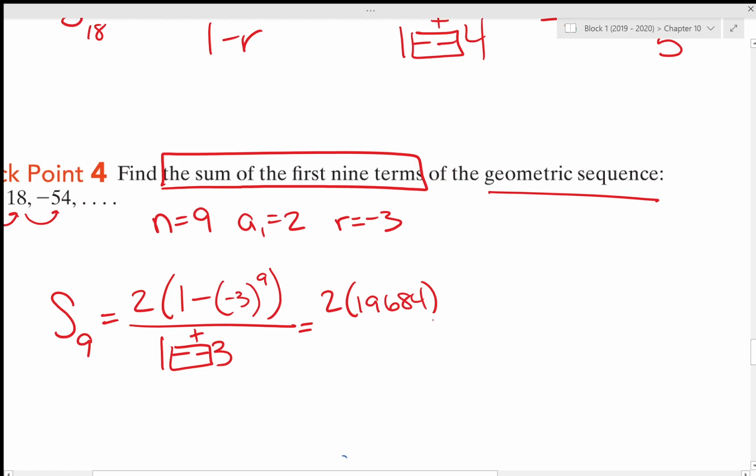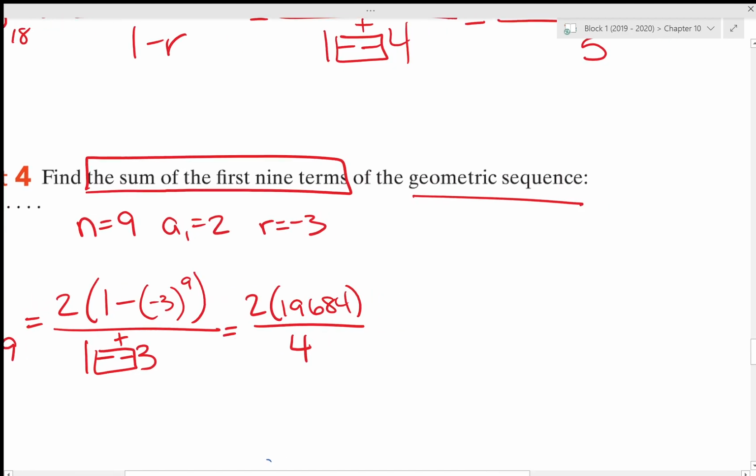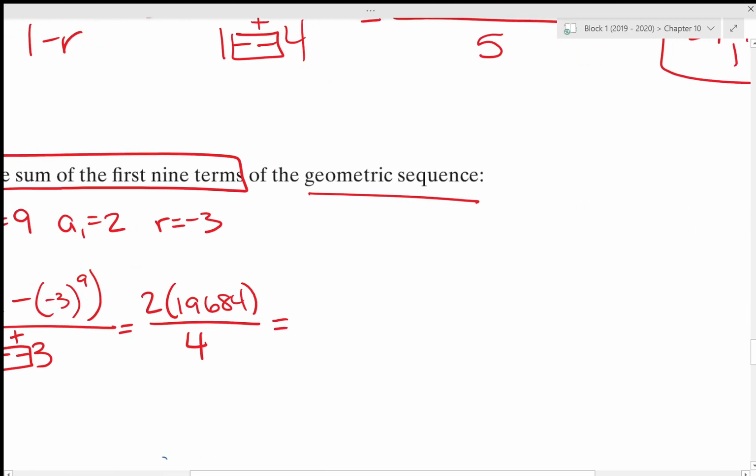You're going to times 2, then divide it by 1 plus 3, which is 4. And what you will get is 9,842. So I hope you got that for the sum of the first 9 terms in this geometric sequence. All right.